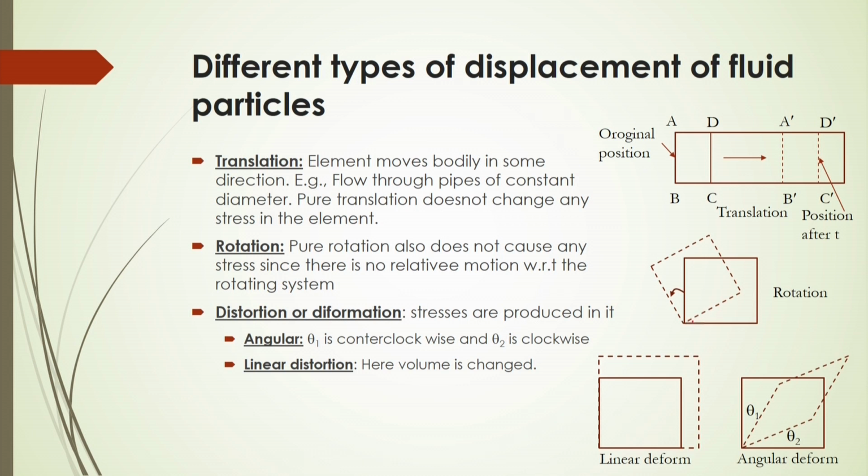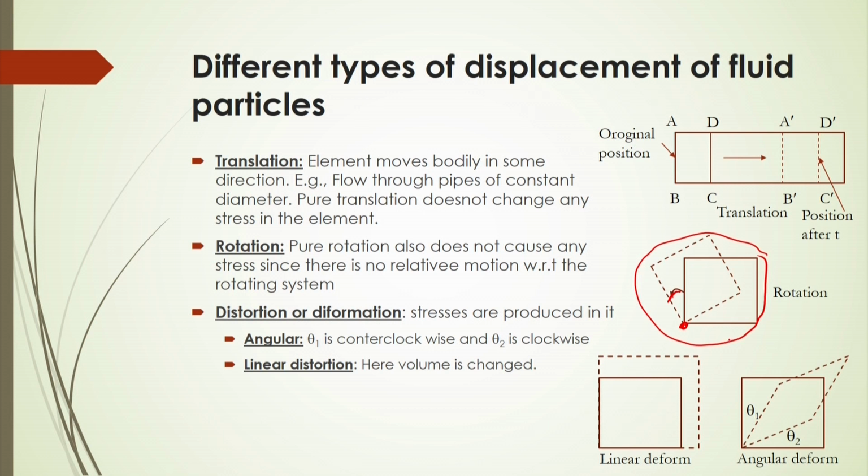In this case, if we consider this rotation, the fluid particle is just pivoting at a particular point in a certain direction. So, importantly, there is also no stress for this ideal rotation.